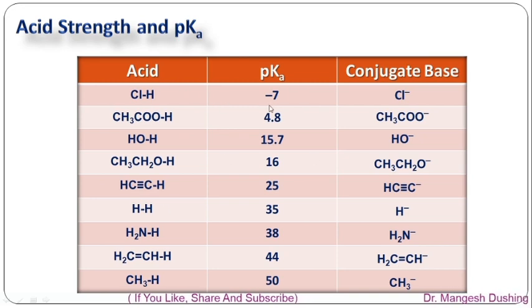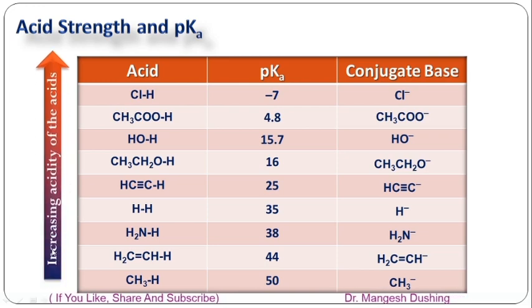This table is according to the increasing pKa values. It means the increasing acidity of the acids is in the reverse direction. So, methane is the weakest acid among these acids, while HCl is the strongest acid, because for HCl the pKa value is very small, while for methane its pKa value is very large.